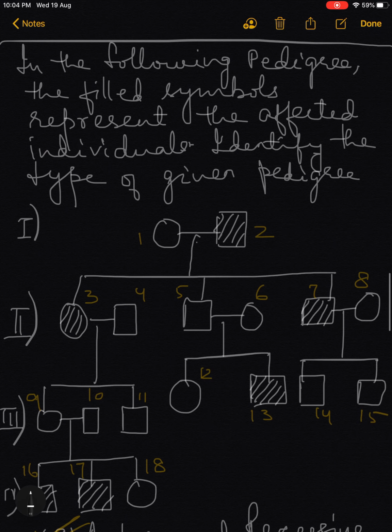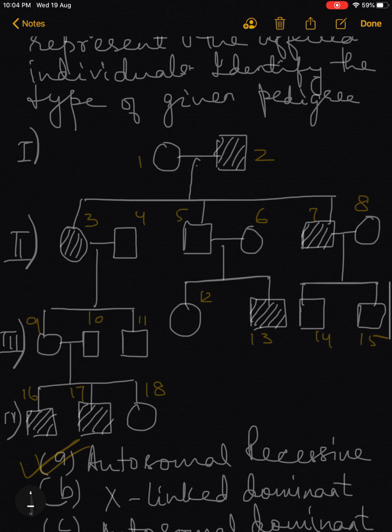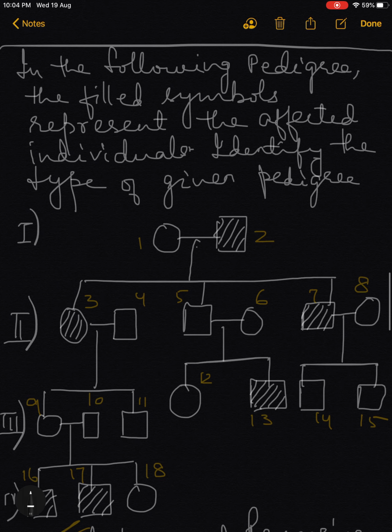Next, children, here is the question. You see in the following pedigree, the affected ones are shown. Now you have to identify what type of pedigree it is. Always, when you have to find out which type of pedigree it is, first try to find out whether it is dominant or recessive.